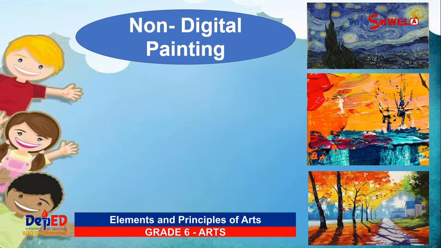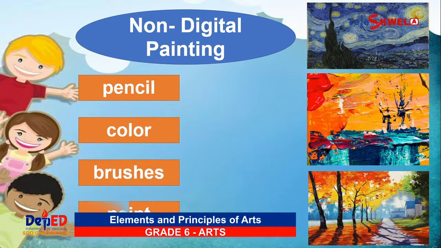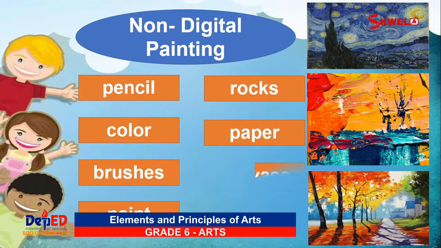Non-digital painting is a process of creating artwork on the flat surface with line and tone with the following common mediums for painting: pencil, color, brushes, paint, and something to paint on like rocks, paper, and canvas.